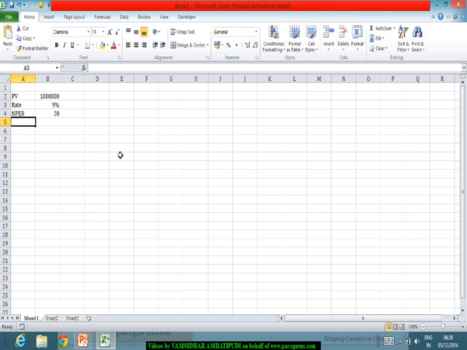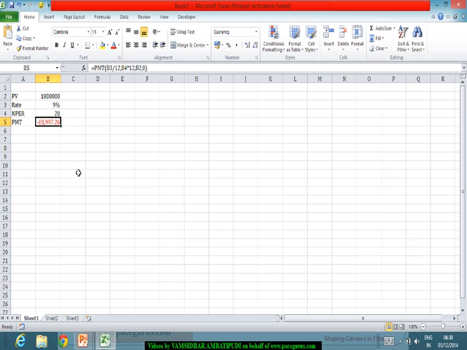Based on this, I know the EMI, the fixed amount that the user is typically paying on this loan. Going with the rate of 9% divided by 12, NPER 20 multiplied by 12, the PV being this much, FV being 0, I see that on a monthly basis there is a payment of 8,997 that is expected.